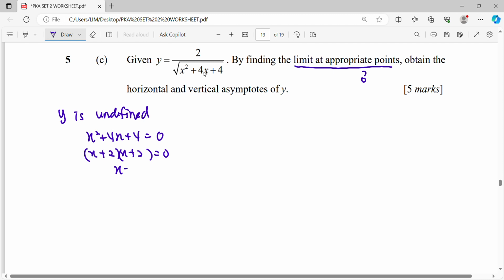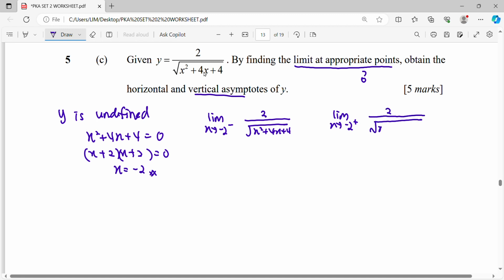So x equals negative 2. So to find the vertical asymptote, take the limit as x approaches negative 2 from the left hand side, and the limit as x approaches negative 2 from the right hand side.